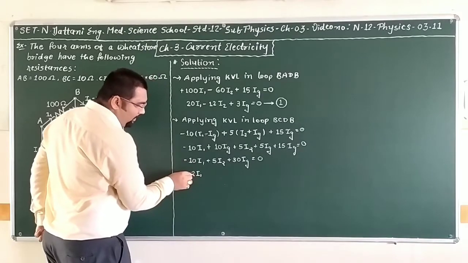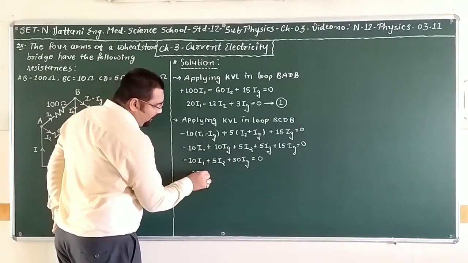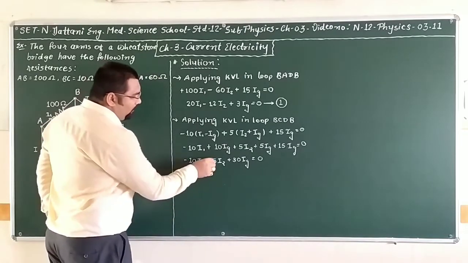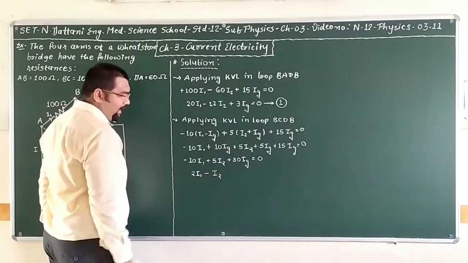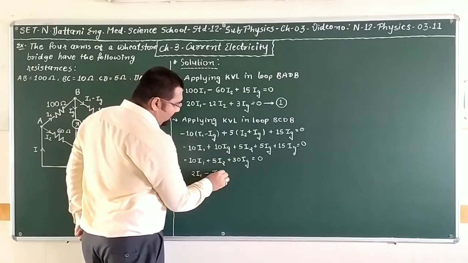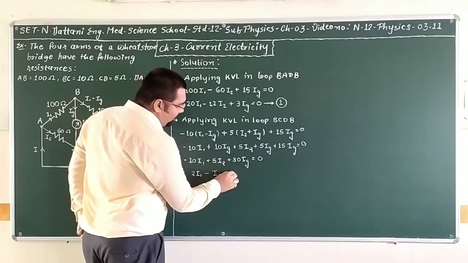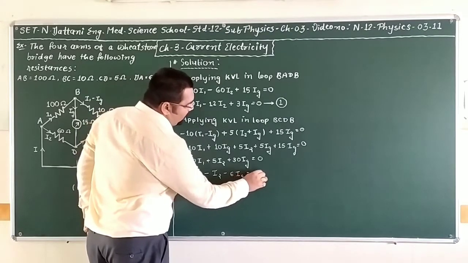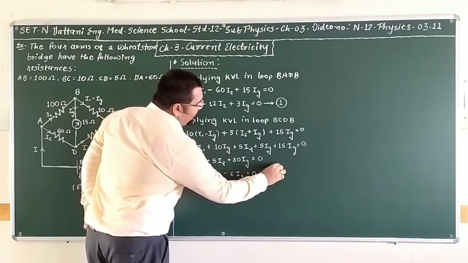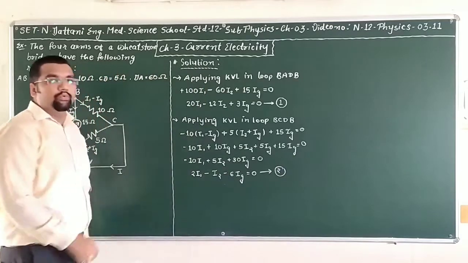Here minus will convert into plus, plus will convert into minus. 5 by 5 equal to 1. So we are taking here minus I2 and here 30 by 5, that is 6Ig is equal to 0.